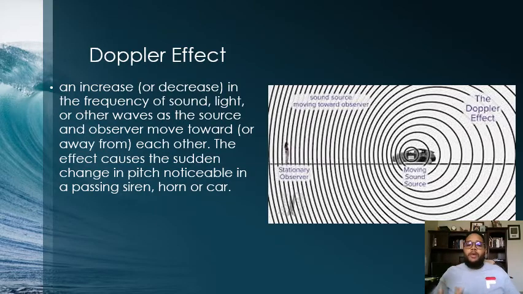So the person is going to experience a higher pitch than the sound actually is. Now, once the car passes, the observer is going to get the other side of it, which are the wider rings, which means the frequency is lower than the actual sound is, which means the car is going to sound lower pitched than it actually is.